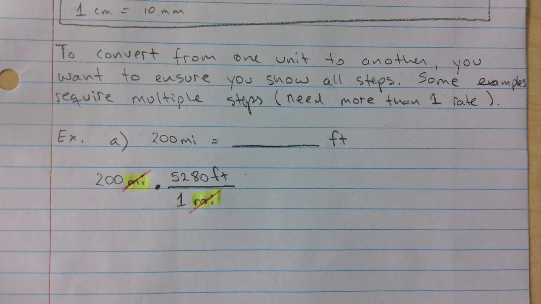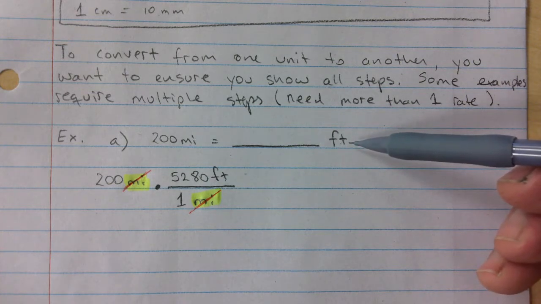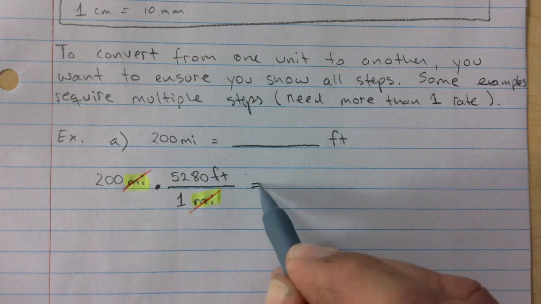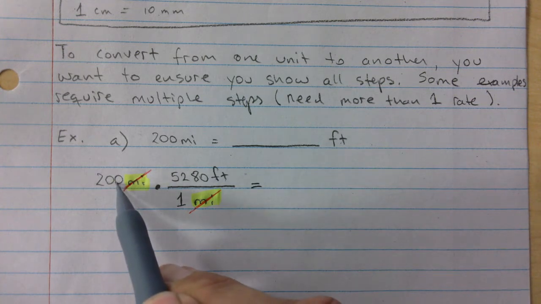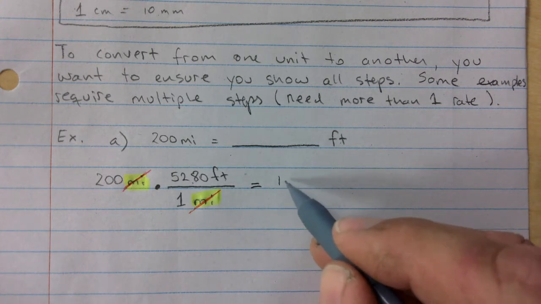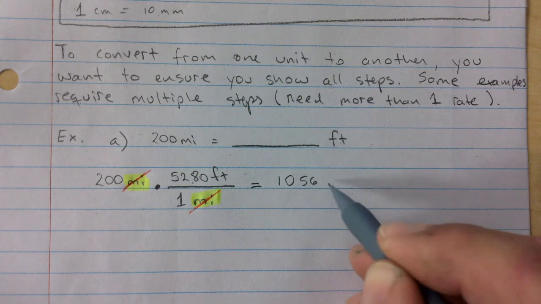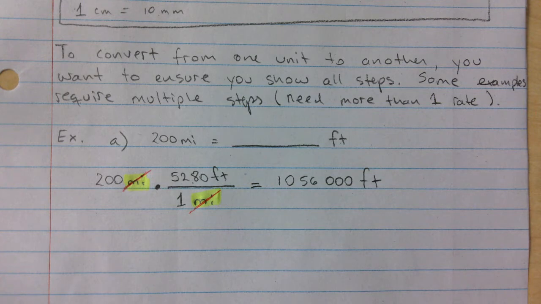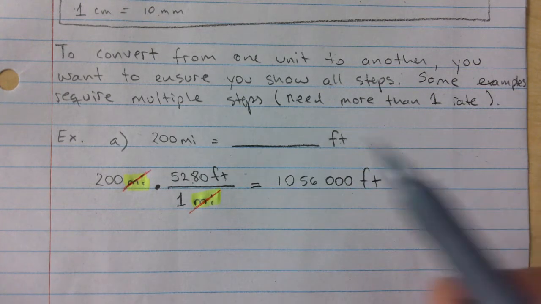Feet, which is what you want, okay? So all you have to do here is go 200 times 5,280, and that gives you this many feet, and you're done. 1,056,000.